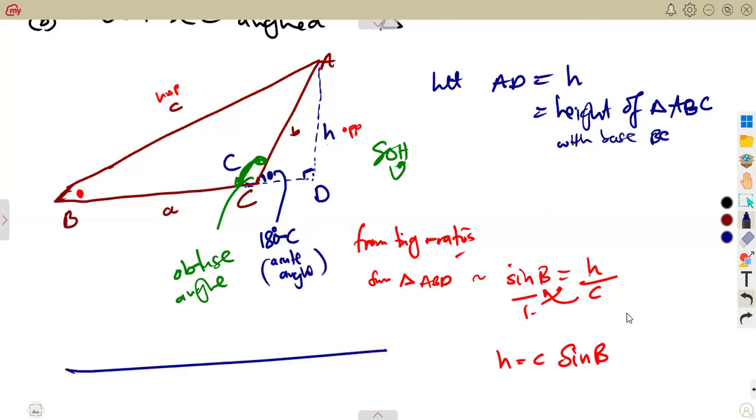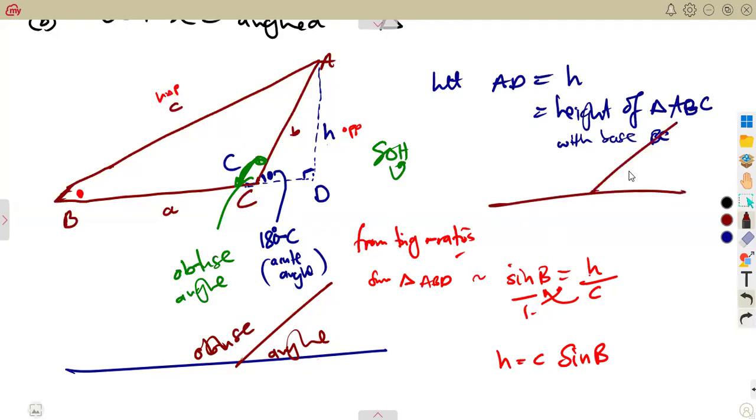Remember, on a straight line, if this is an obtuse, this is going to be an acute angle. We cannot have both obtuse angles on a straight line. It's impossible.